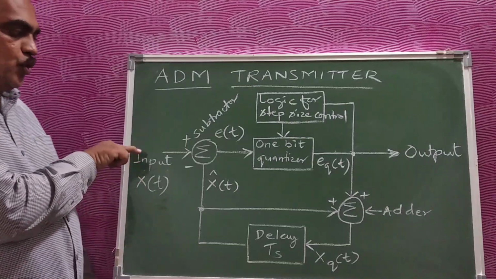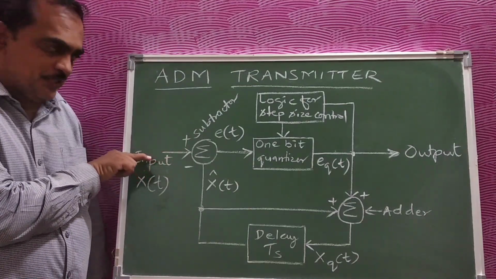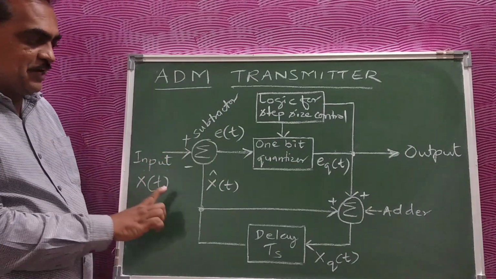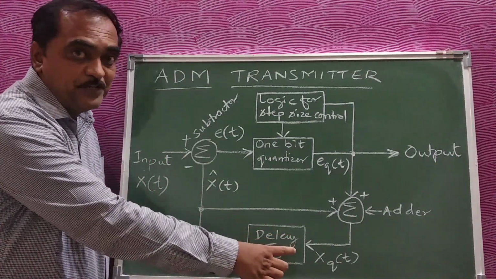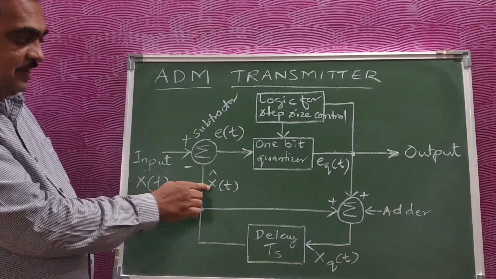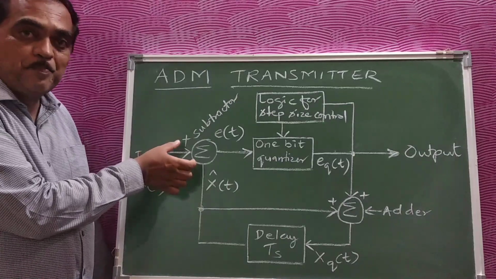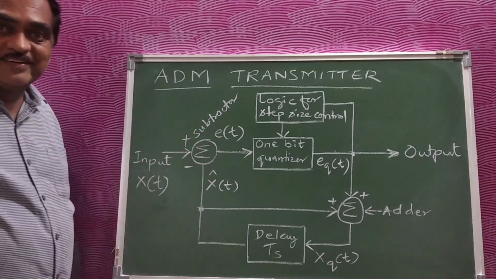That is, you are going to have a sampled input of the input signal, which will be compared with a predicted input from this prediction filter, which is called delay Ts, which is X cap(t). X cap(t) and X(t) will be compared here, and the difference between them will be taken as error e(t).